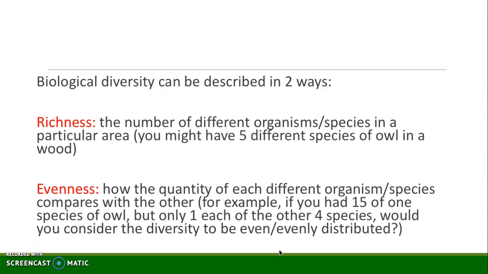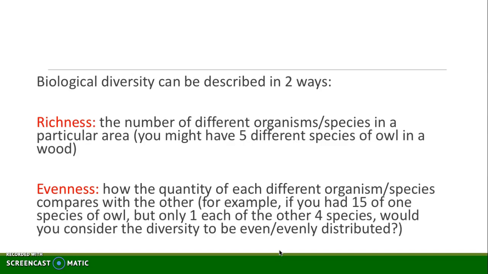When we're looking at diversity, we can describe it in a couple different ways: richness and evenness. Richness is just to do with the number of different organisms or species in a particular zone. So maybe we find that there's 25 different bird species in a certain zone. That would be fairly rich.